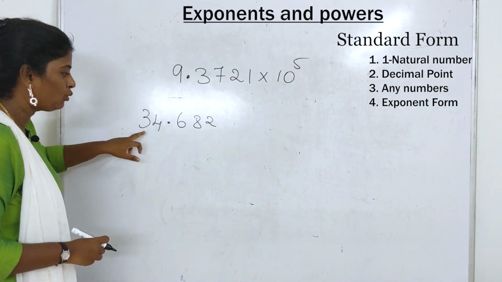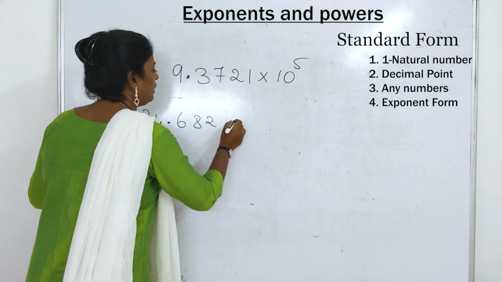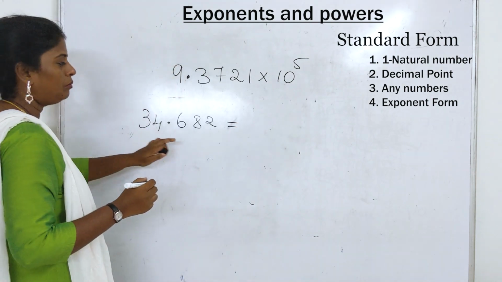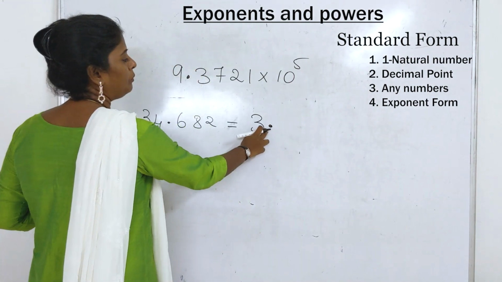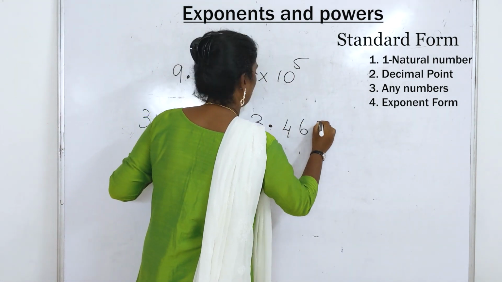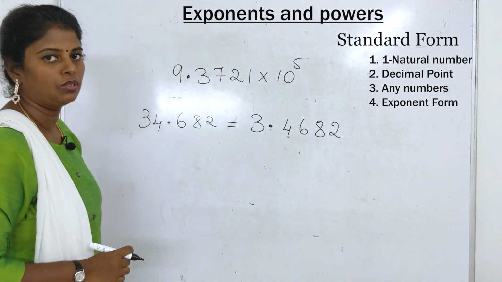So we have to convert this number into standard form. We have to rewrite the number as 3 point, because only one number is before the decimal point, 3.4682. Write the remaining numbers.